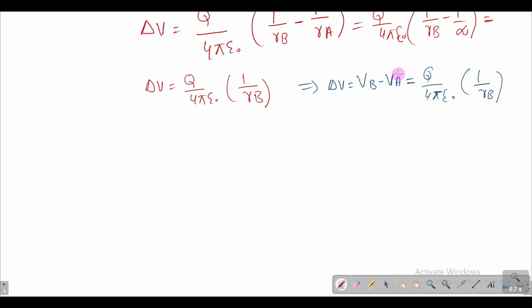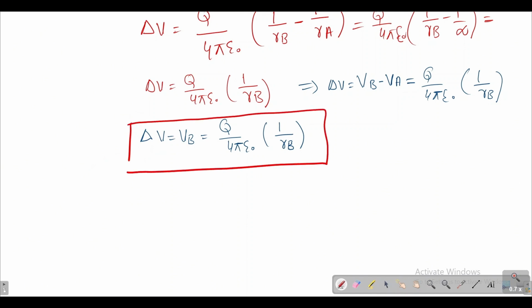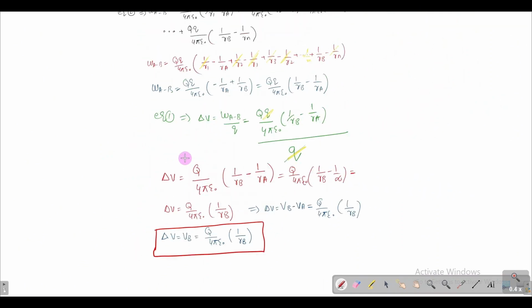Now put the value of VA as 0. So this becomes VB is equal to q by 4 pi epsilon naught and 1 over Rb. And this is the final equation for the potential at point B.